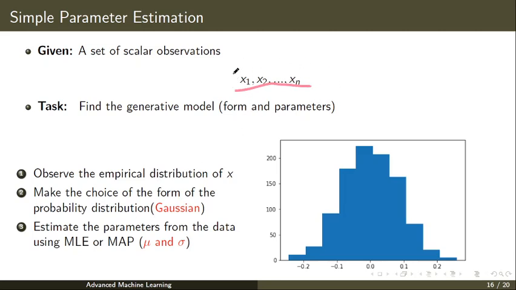Usually, if the distribution is not known, we first try a Gaussian distribution. Then we can estimate the parameters by using MLE or MAP, maximum likelihood or maximum a posteriori.